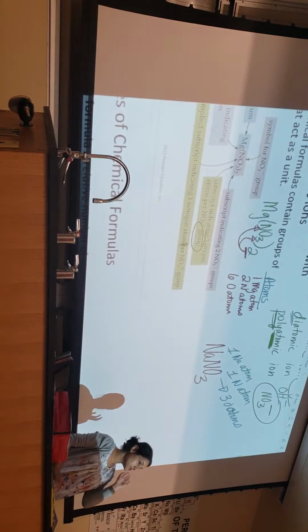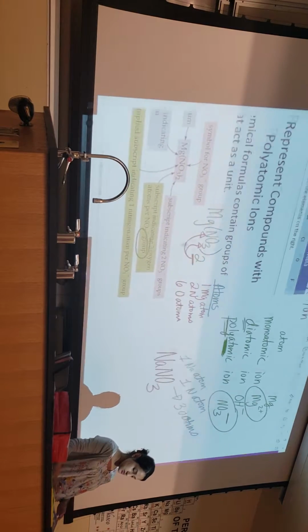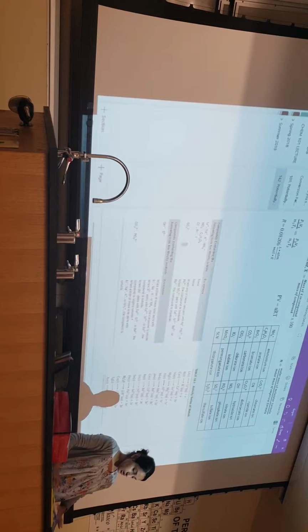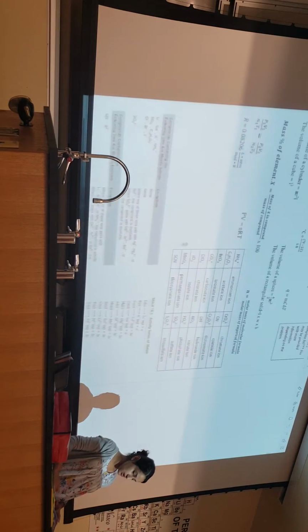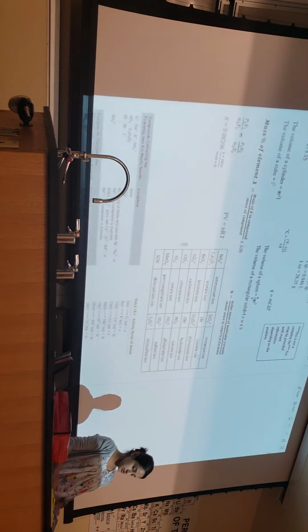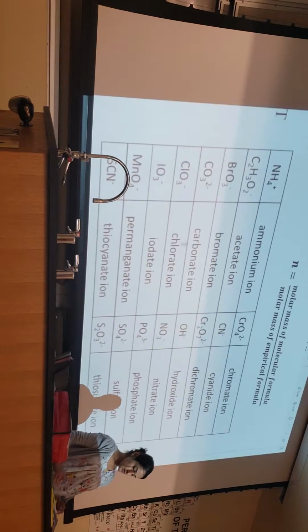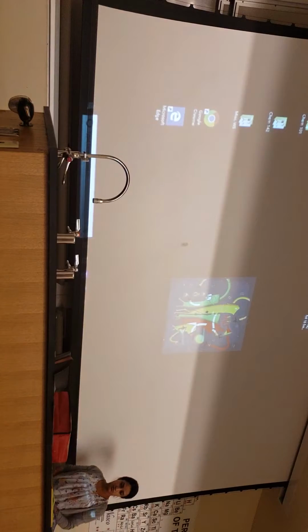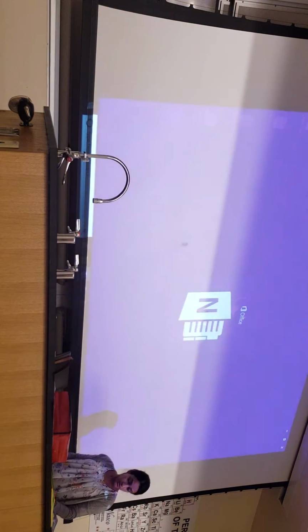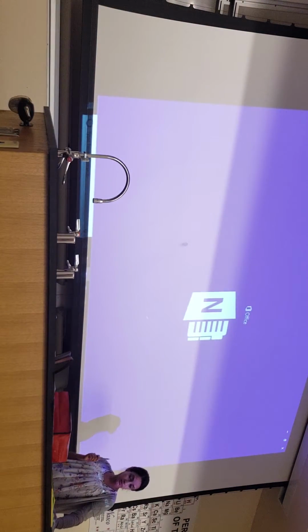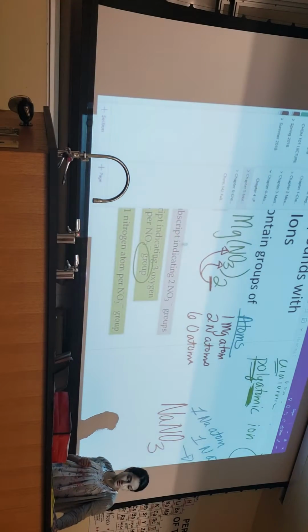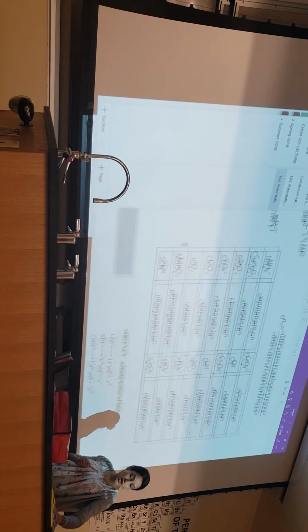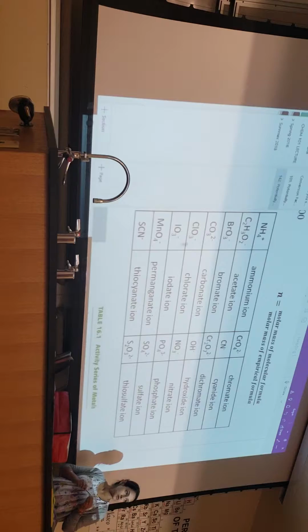I'll show you the polyatomic ions and more information about them, but they are provided to you on your potentially useful information. I give you your polyatomic ions, but these are not all of them. You'll learn a method where you'll be able to derive the other ones.